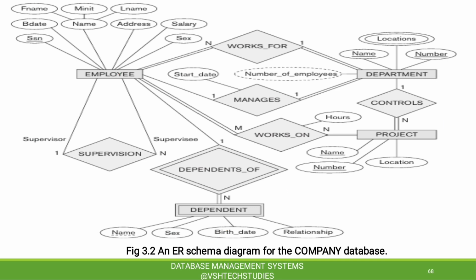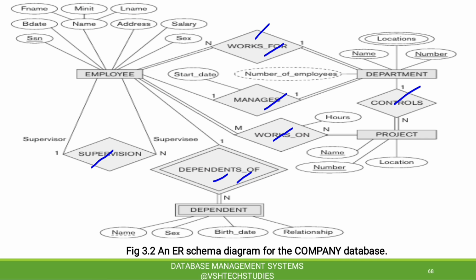The relationships in this diagram are works for, manages, works on, controls, dependents of, and supervision relationships. All the relationships are shown in diamond shape, but the dependents of relationship is shown in a double diamond shape, one inside the other, because this is a weak relationship.